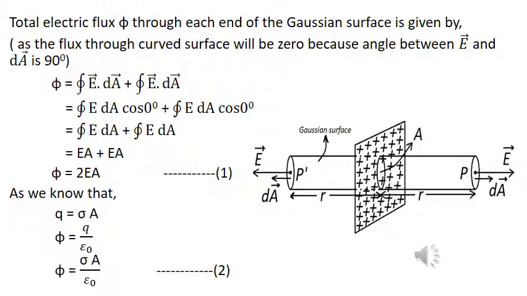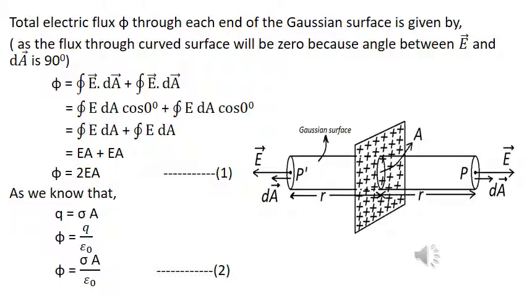Therefore, we get phi is equal to 2 into E into A, as when we take the closed surface integral of dA, we get A, because the total area is A which we considered before.